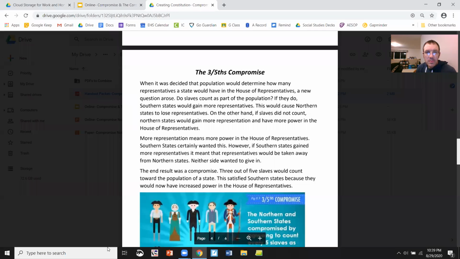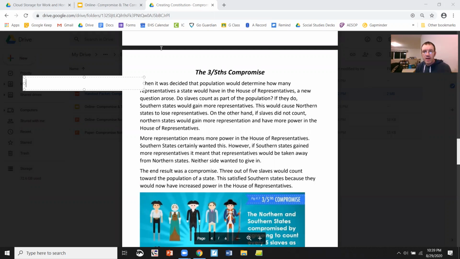So let me pull up a tool here. And let's go with yellow for our color. All right, not yellow if we've got a white box. All right, we'll go with blue. Let's say we have New York, and New York has 10 representatives, okay? I'm just making up a number.